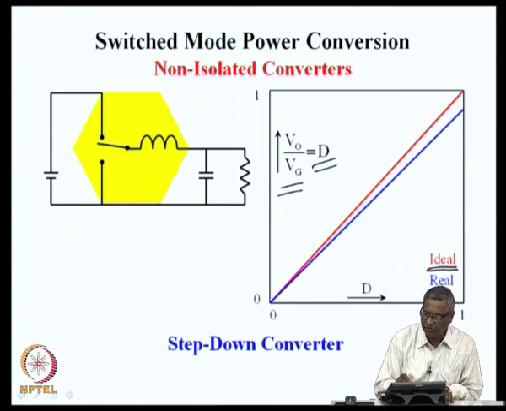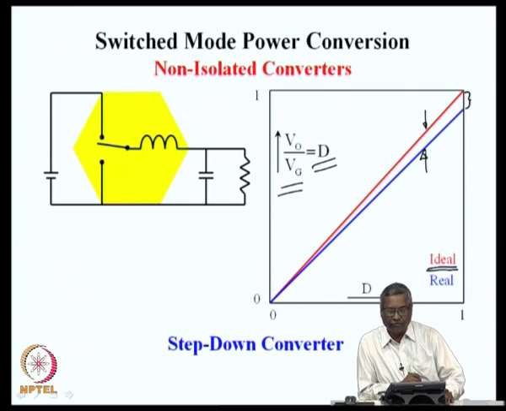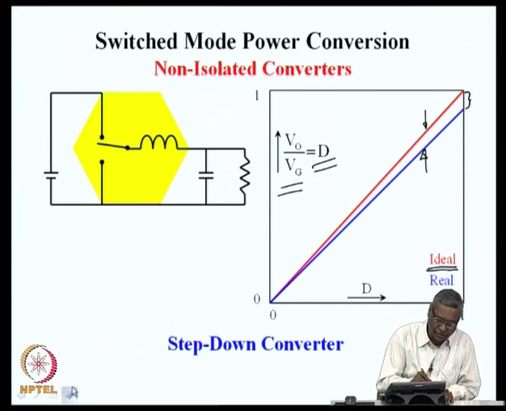When duty ratio varies from 0 to 1, conversion ratio also varies from 0 to 1. And we saw that because of several non-idealities, there is a drop in the conversion factor, and this also is the same as the efficiency of the power converter. So, in the non-isolated buck converter, we had seen many of these things.